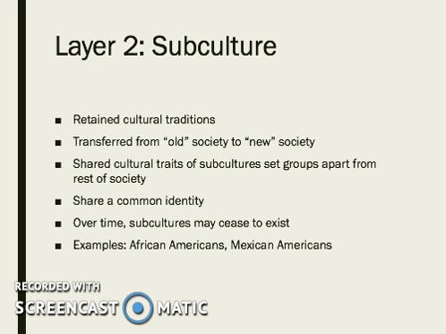Examples of easily identifiable subcultures in the United States include ethnic groups such as Vietnamese Americans, African Americans, and Mexican Americans. Members of each of these subcultures share a common identity, food tradition, dialect or language, and other cultural traits that come from their common ancestral background and experience.